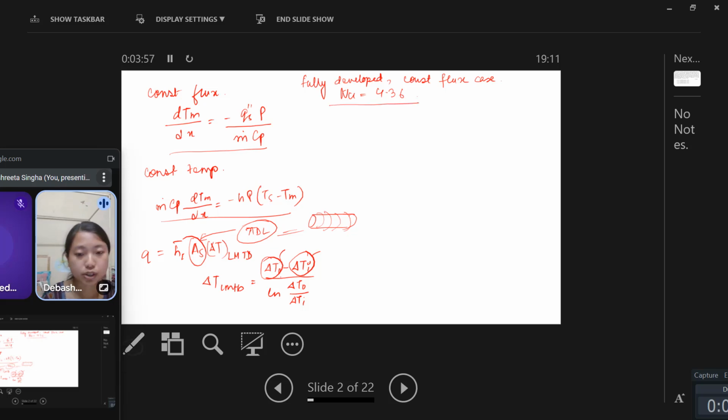Nu is equal to 4.36. It's a constant. And for constant temperature case, constant temperature means the surface temperature, Nusselt number is given as 3.66.